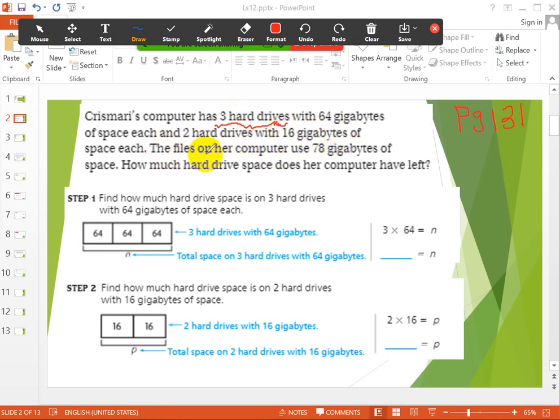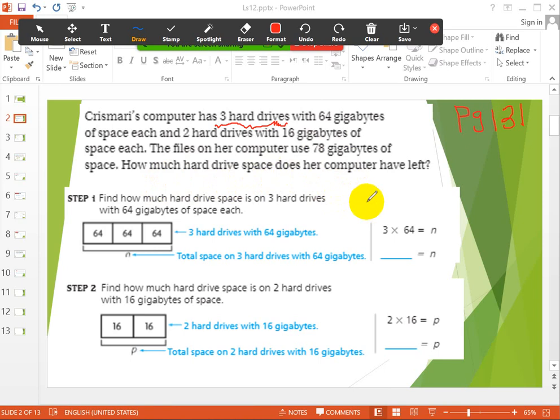The files on the computer use 68 gigabytes of space. So I have files on my computer that I want to save on this space, and those files need 78 gigabytes. How much hard drive space does the computer have left?